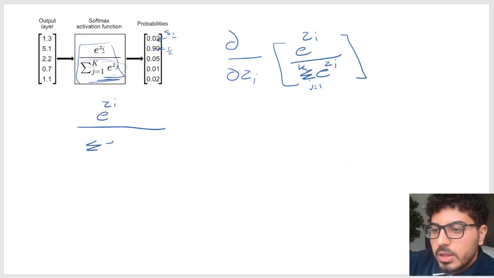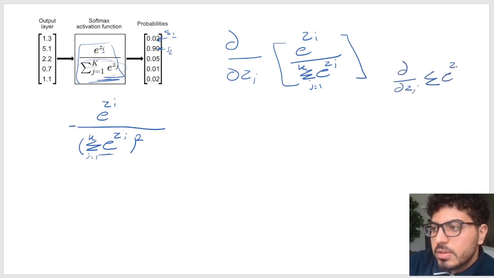So it will be e to the power Zj squared, the negative will come outside, and multiply by the derivative of what's inside. What is the derivative of sigma e to the Zj?